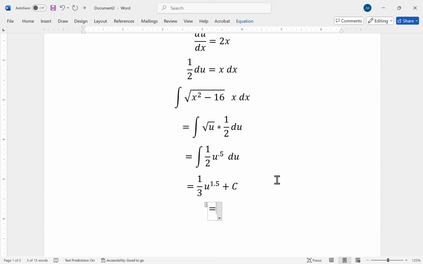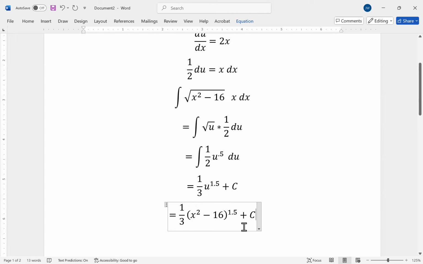I want my antiderivative to be written with variable x. So that is 1/3 times x squared minus 16 raised to the 1.5 power, or you could have also called that the 3/2 power. And then we add on our plus c.